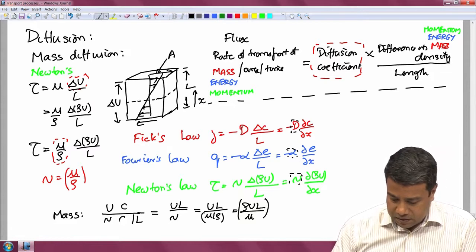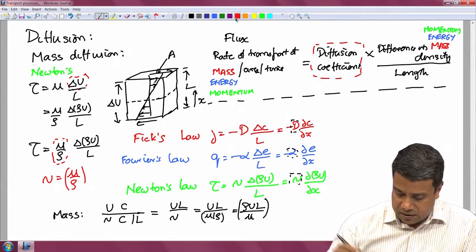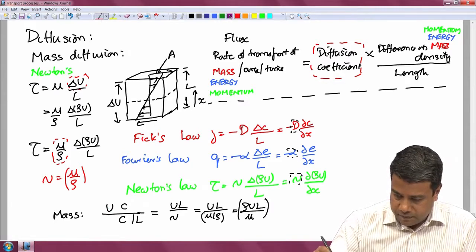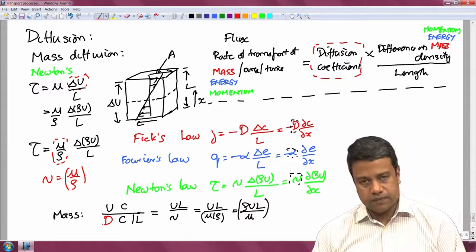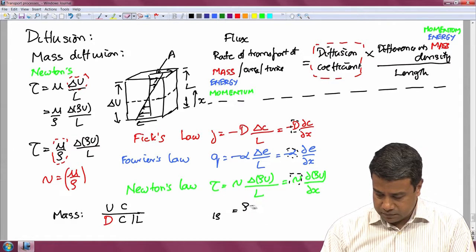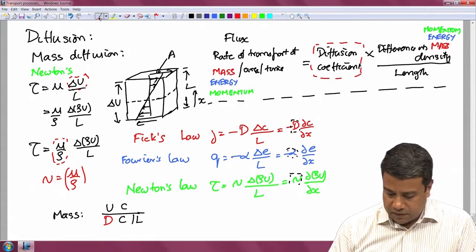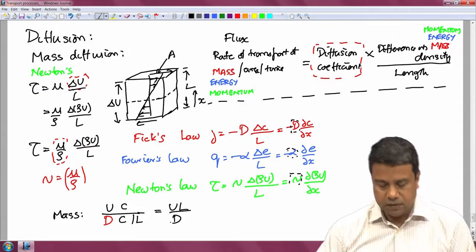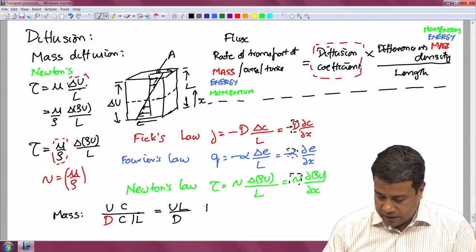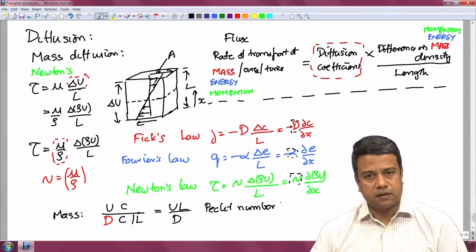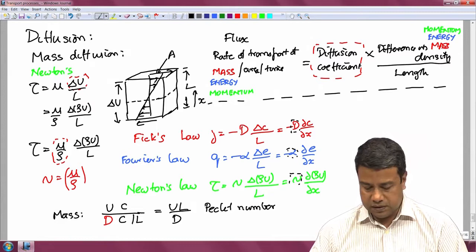So, that is a concentration, and then instead of the momentum diffusivity, I will have the mass diffusivity. And therefore, this is just equal to u L by d. This goes by the name of a Peclet number for mass diffusion.